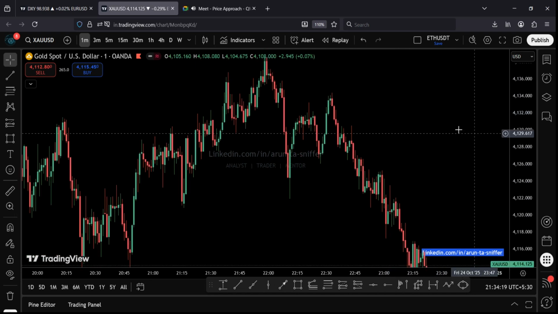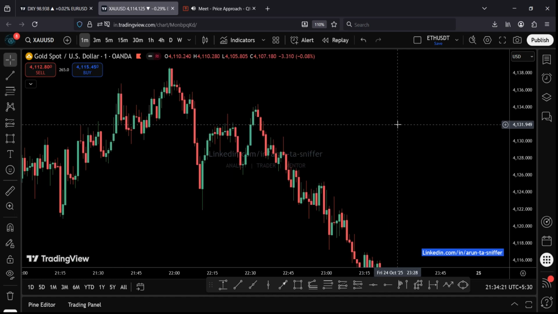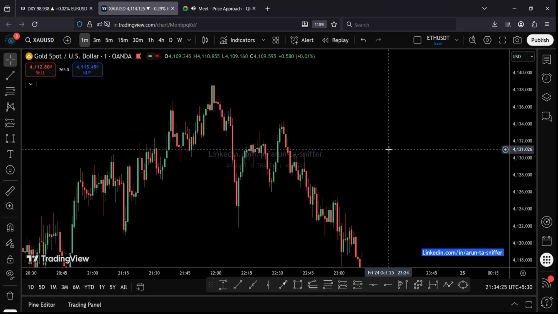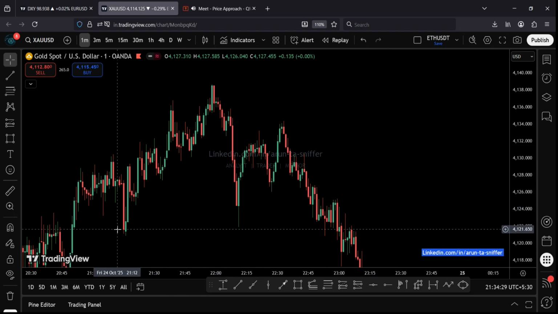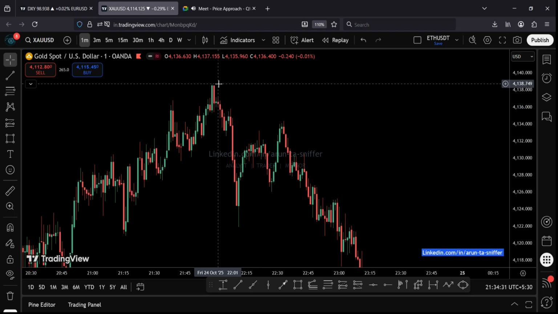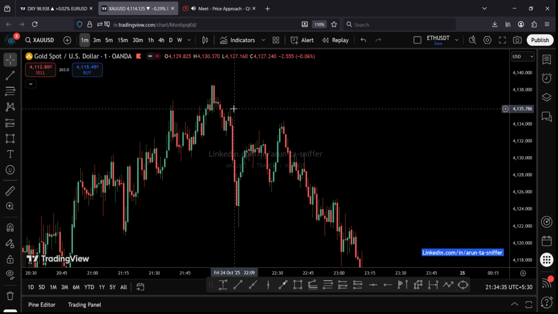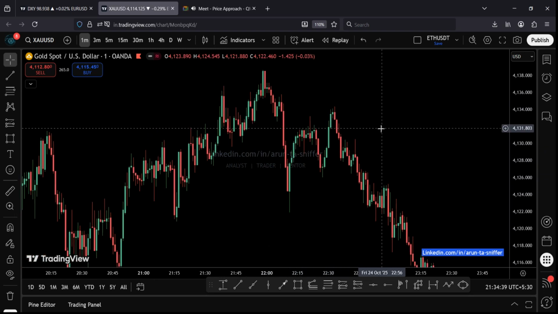We have example of Cancan here. Price was going up here, came back, hit a pullback, and from here to here it falls very sharply, right?